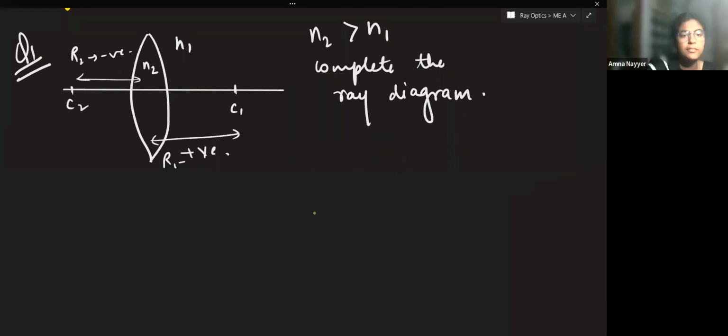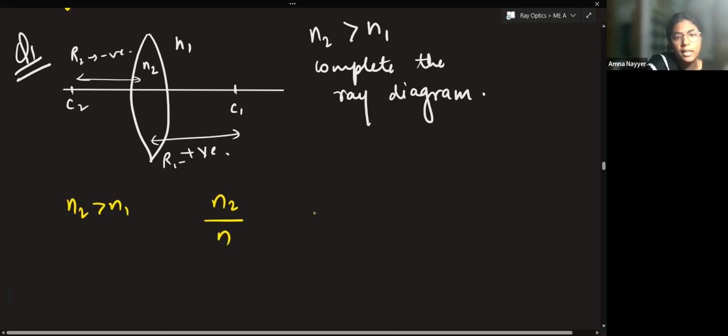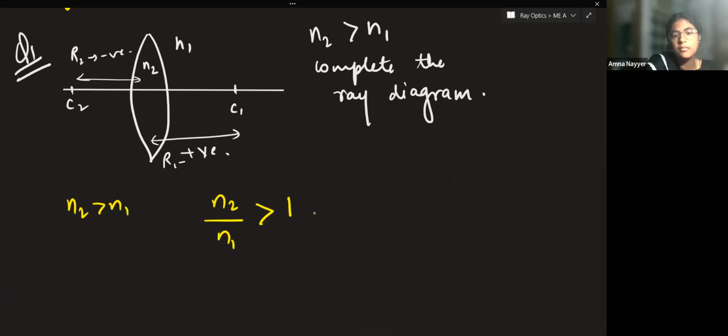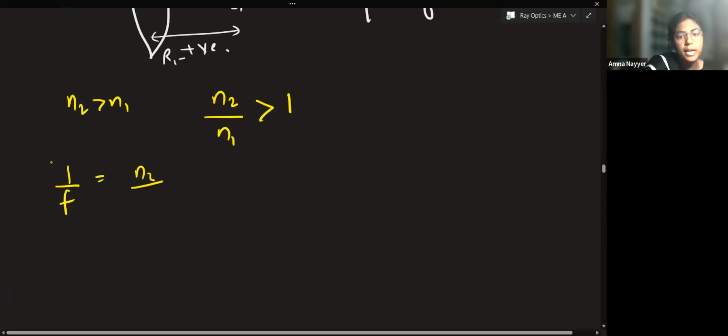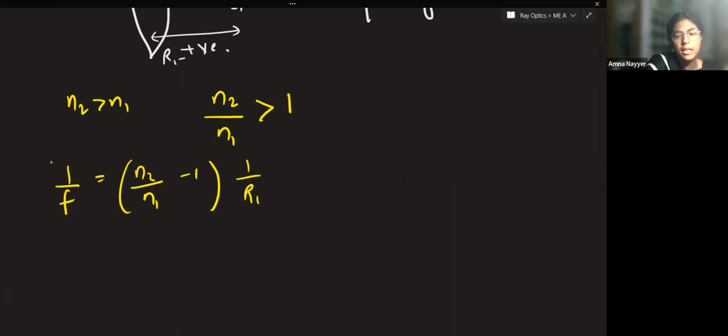Let's start with the sufficient data that is there. N2 is greater than N1. So it means N2 by N1 is greater than 1. 1 by F is N2 by N1 minus 1 times 1 by R1 plus 1 by R2. This term is positive.